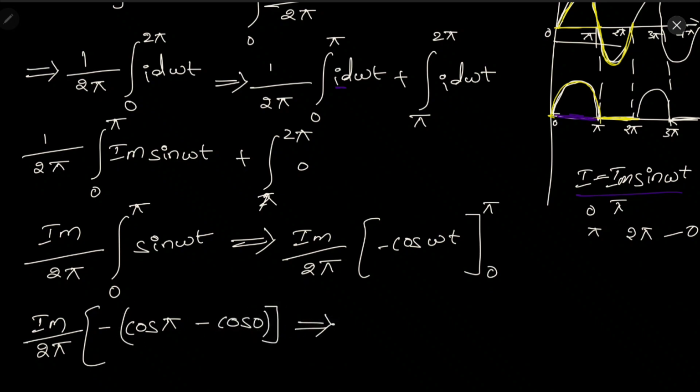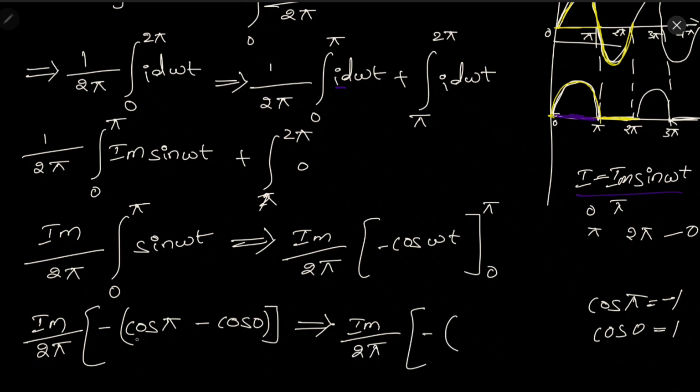As we know, cos pi value is minus 1 and cos 0 value is 1. So it is Im by 2 pi, minus, cos pi value is minus 1 and minus cos 0 value is 1.